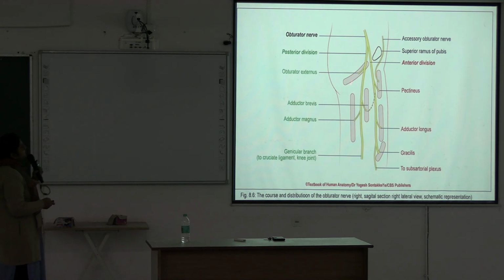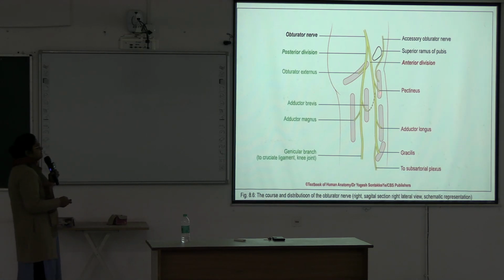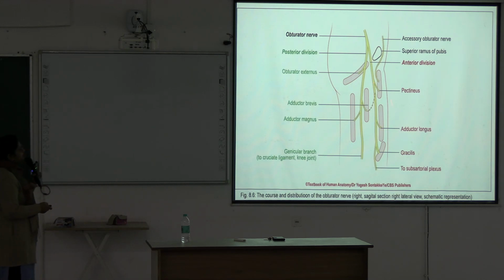The posterior division gives a branch to obturator externus and lies between the adductor brevis and magnus. Here the anterior division gives a branch to pectineus, supplies adductor longus and gracilis, and gives a branch to the subsartorial plexus of nerves.